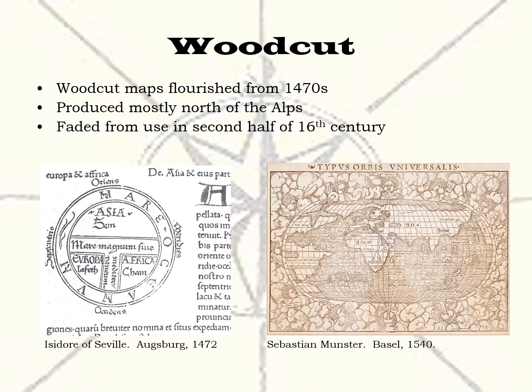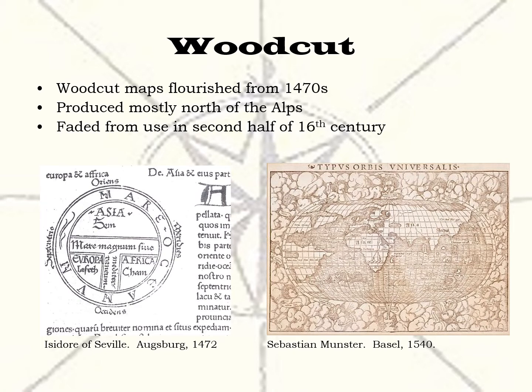Woodcut prints were first made in Asia as early as the 9th century, with the earliest known European woodcut from 1418. The first woodcut map came about a half-century later, Isidore of Seville's map from 1472. Since woodcuts were printed on the same presses used for text, they tended to appear in printed books, with their use being spread with that of the books.